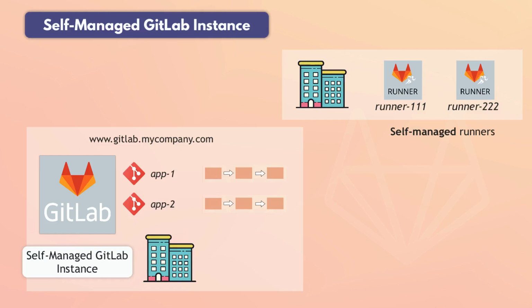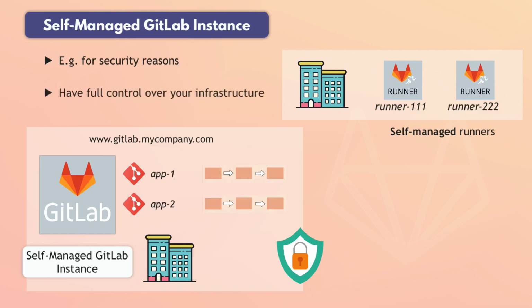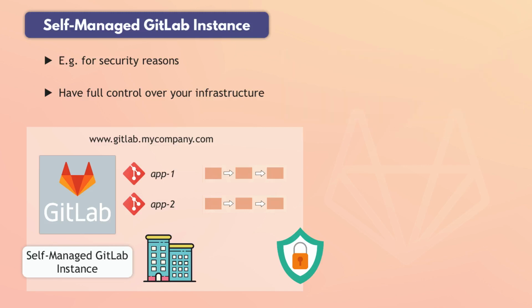And there are a lot of use cases for that. Maybe we have some special requirements, such as high security in our company. So you want an absolute isolation from all other GitLab users, and you need absolute control over your GitLab setup and the underlying infrastructure. Or maybe you want to automate this whole thing as part of your DevOps processes. Maybe you already have servers that you pay for, so you want to use them instead of paying additionally to GitLab.